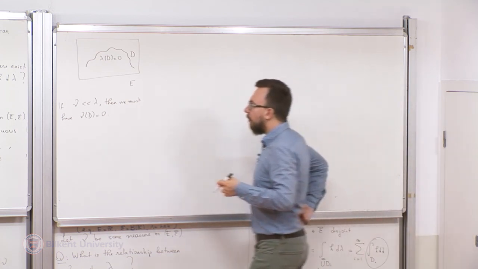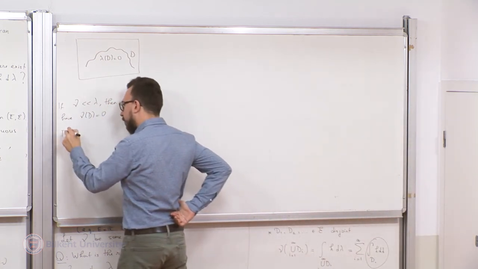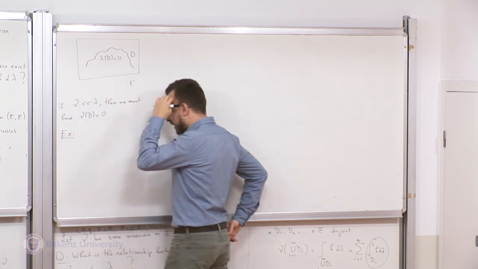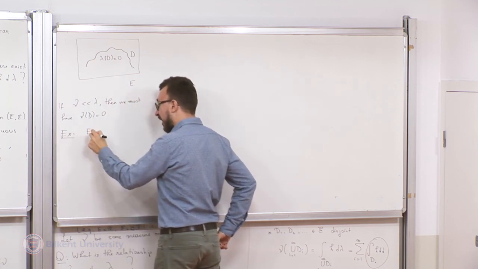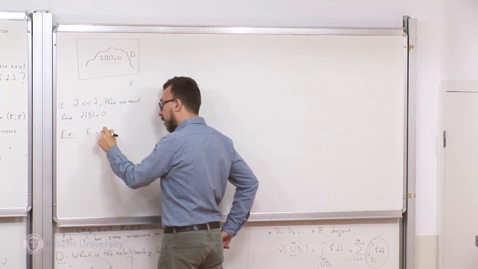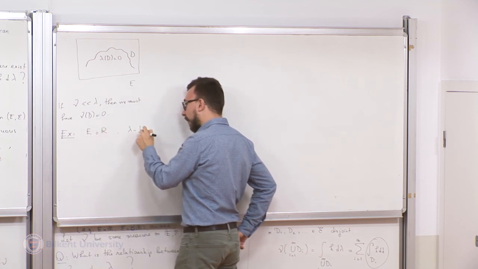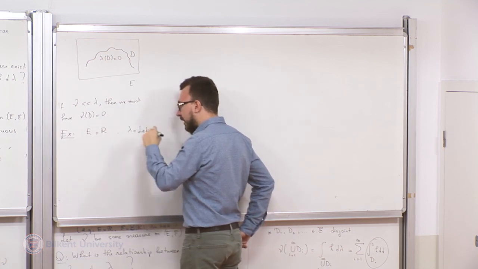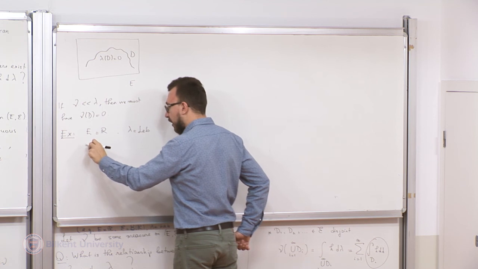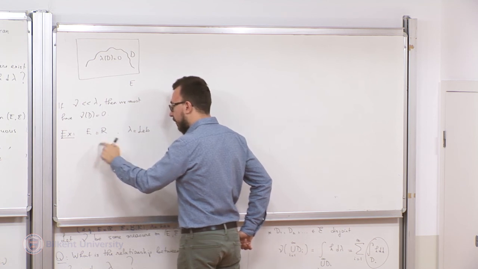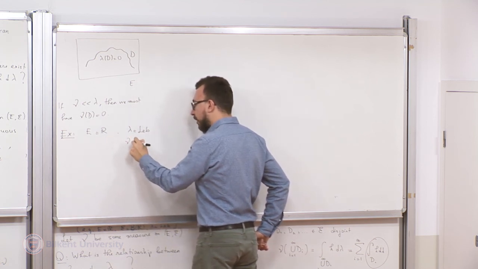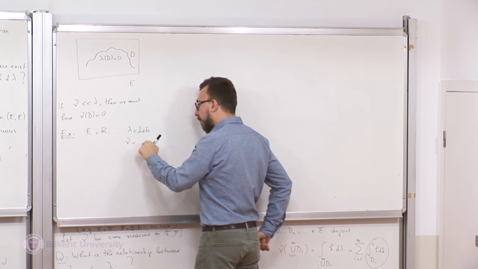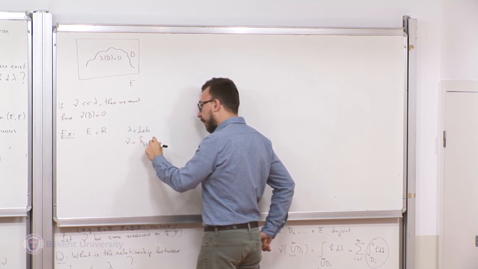Okay, let me give you one example. Let's say we're on the real line with the Lebesgue measure. And let's say we have a fixed point. Okay, nu is the Dirac measure at point 0.